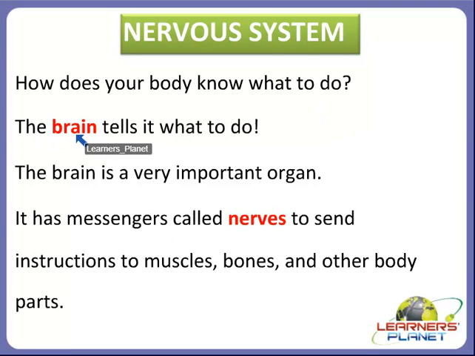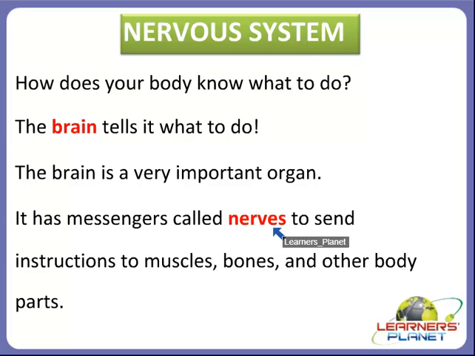Yes, the brain is the organ that tells our body what to do. So we can say that the brain is a very important organ. Why is it an important organ? Because it has messengers called nerves.